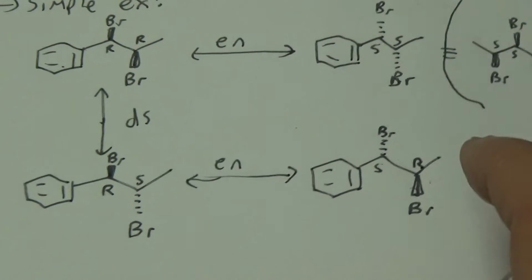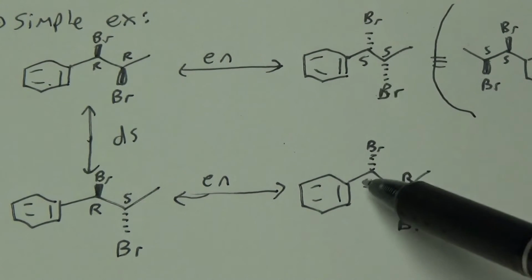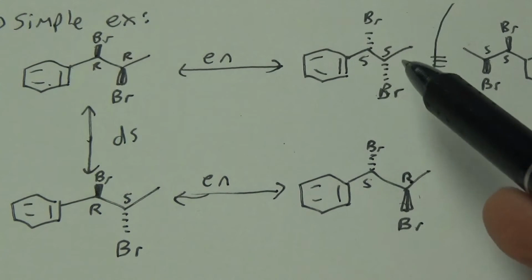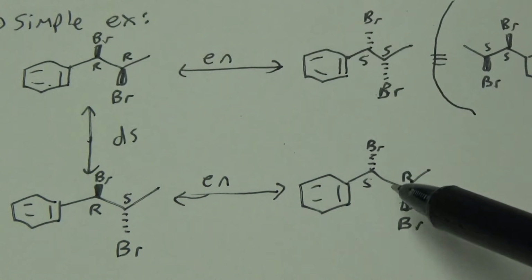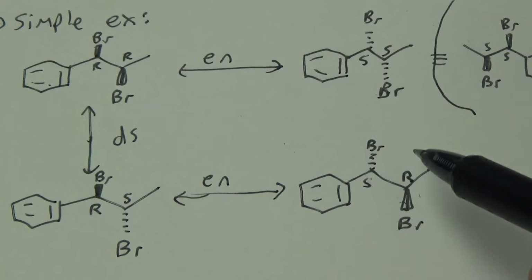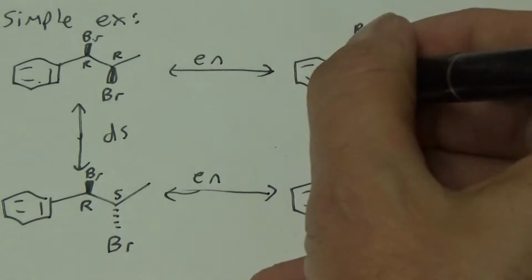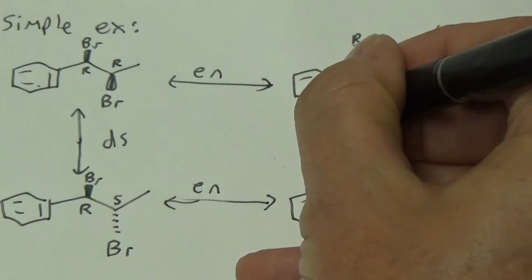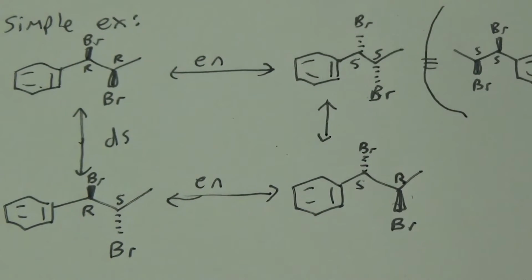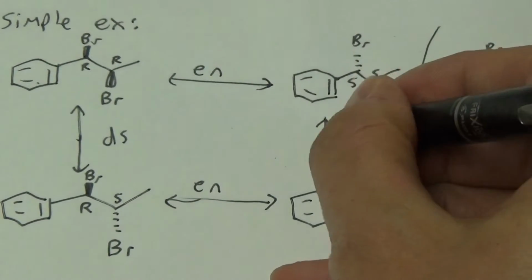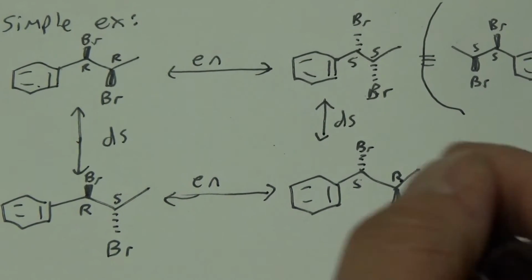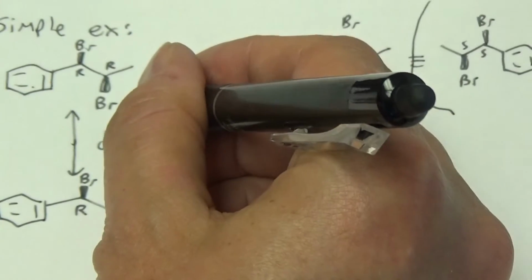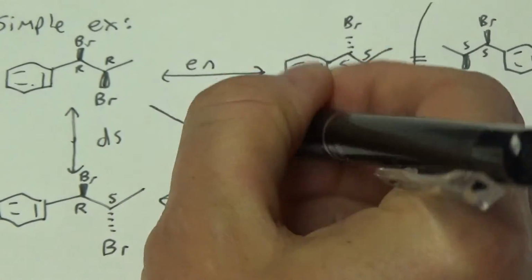Okay. What's the relationship of these two? Because it looks like this is SS, and if we imagine going from here to here, flipping just the right side one from S to R, what's its relationship? So its relationship is also diastereomer. Okay. What about the top left molecule to the bottom right molecule?